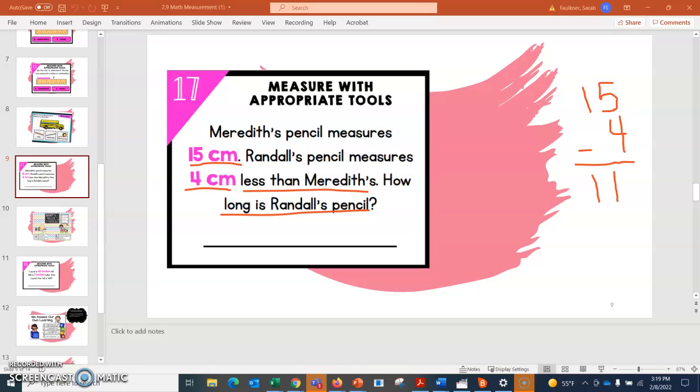Okay, I hope you're working these out at home as well. Okay, so this tells me that Randall's pencil would be 11 centimeters. And if I wanted to go back and check, if I added 4 to 11, I get 15. So that is correct.